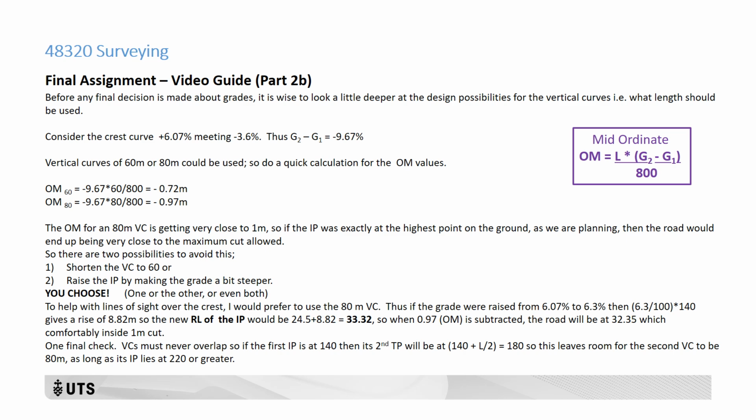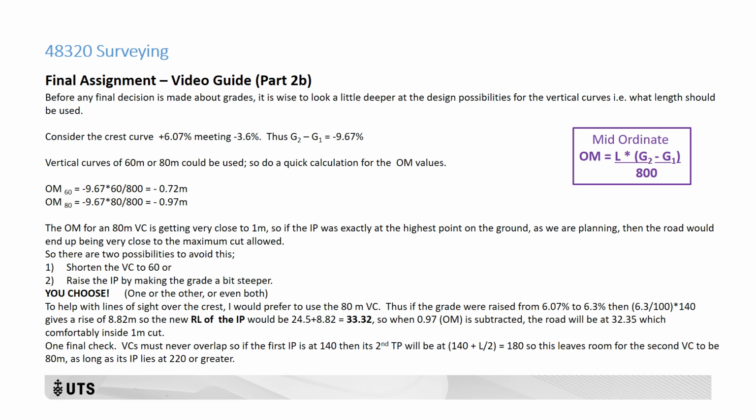So the RL of the new IP would be 24.5 plus 8.82. That's 33.32. So we know our OMs are around about a metre, working in rough figures. That means our road will now be at about 32.35. So that gives me about 0.35 of a metre to be inside the maximum depth of cut allowed.